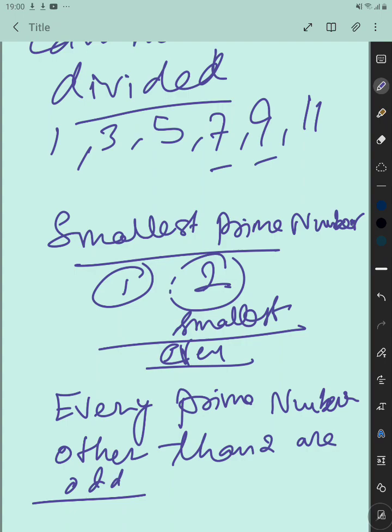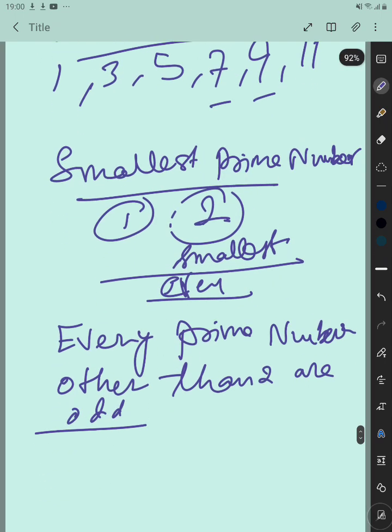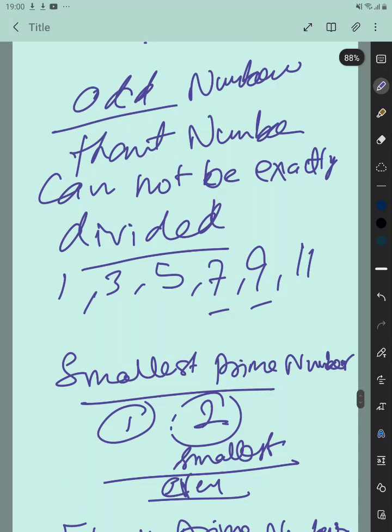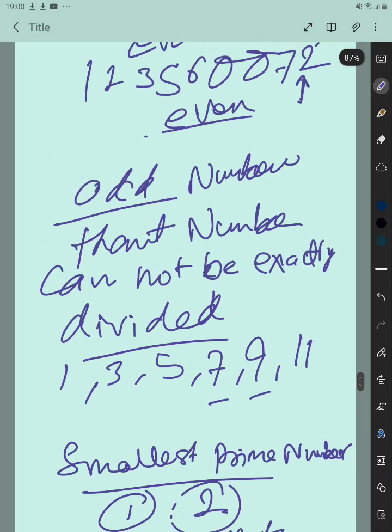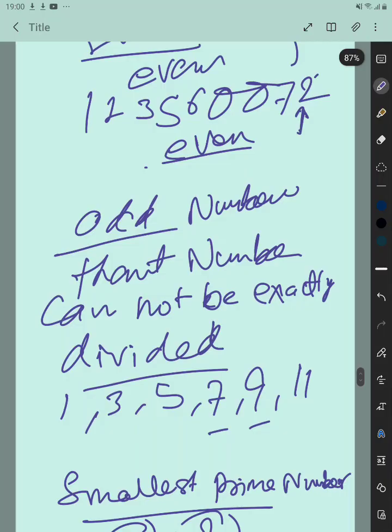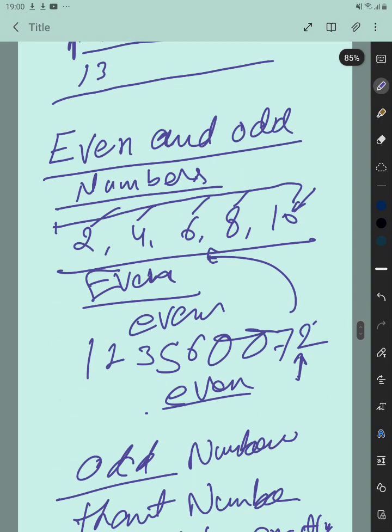So this is a condition. Finally, we have discussed prime numbers, composite numbers, even numbers, odd numbers, and that 2 is the only prime number that is even, and others are odd, and 2 is the smallest prime number.